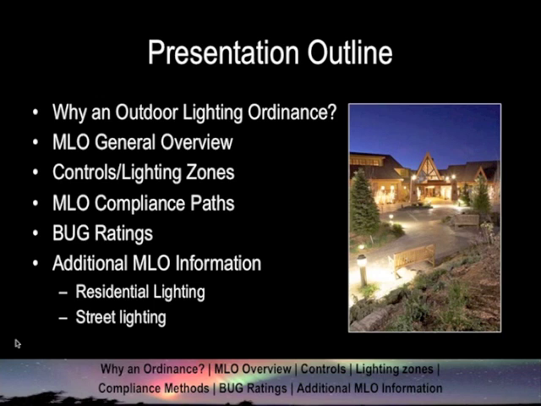Then we will actually look at compliance paths, which would include prescriptive and performance, and then look at the BUG ratings, those little critters. No, they're not insects, but they actually stand for Backlight, Uplight, and Glare ratings of luminaires. And then finally, we'll look at additional MLO information. How does this apply to residential lighting or to street lighting?